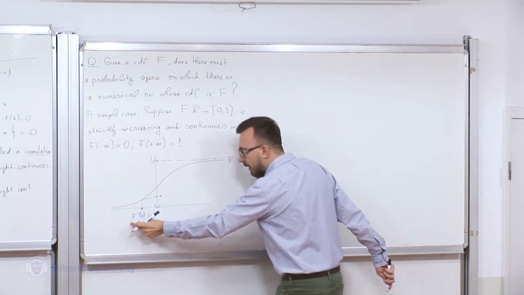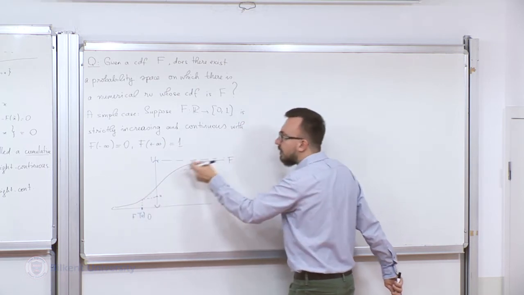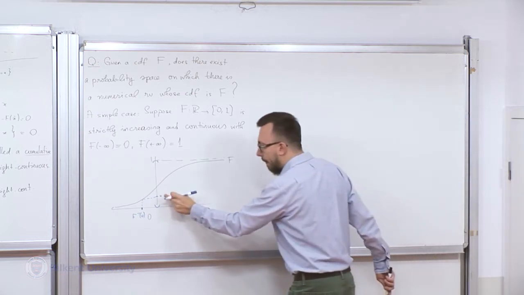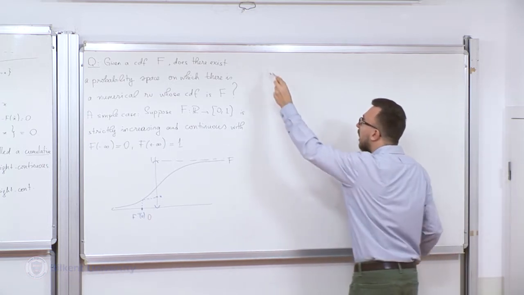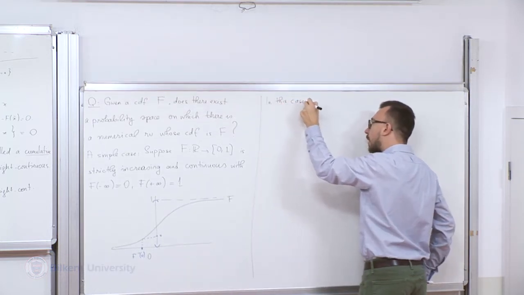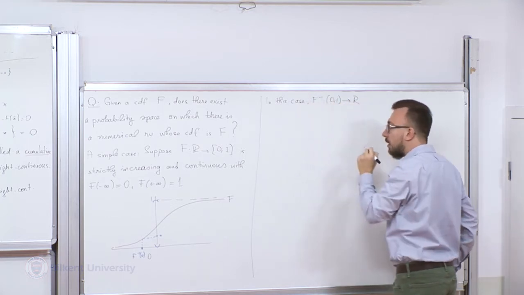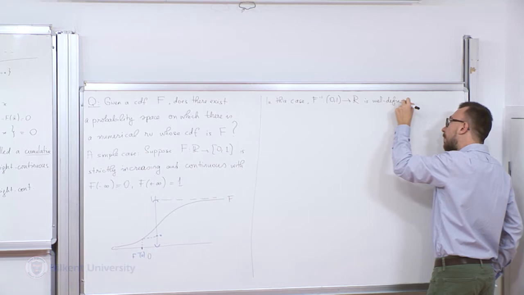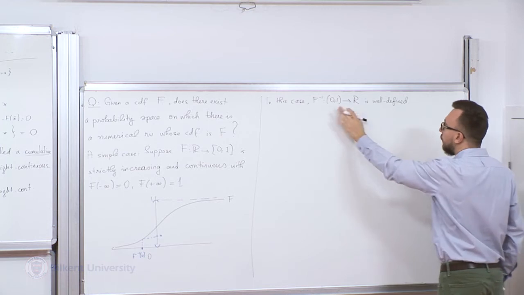And it is the unique point where the value of F is equal to u, because the function is strictly increasing. There is no other point that can give that value u, right? So in this case, F inverse from (0, 1) to R is well defined as a function. It's the inverse function.